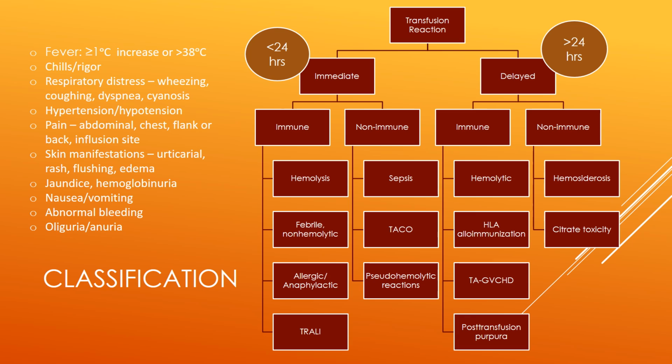So in this particular case, you can see that we can have an immediate transfusion reaction or a delayed transfusion reaction. As a general rule, we're going to say, just because we have to have some kind of time, that if it's less than 24 hours, we would consider that immediate. If it's more than 24 hours, we would consider that delayed.